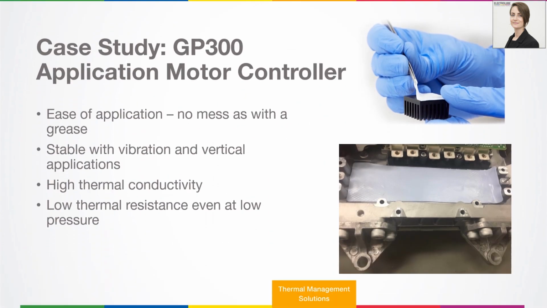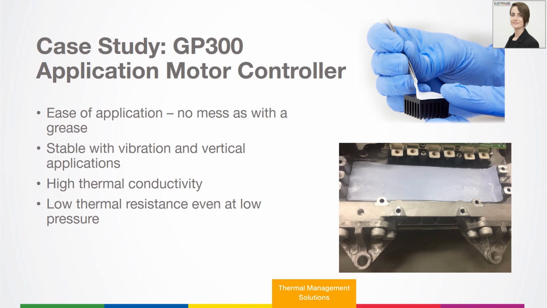So here's a case study using a gap pad for a motor controller. You can see from the picture how the gap pad is applied, and it will be trimmed to shape to exactly fit where they want the heat to be dissipated from in this device. In this case, it was imperative that the product was stable with vibration and on vertical applications.